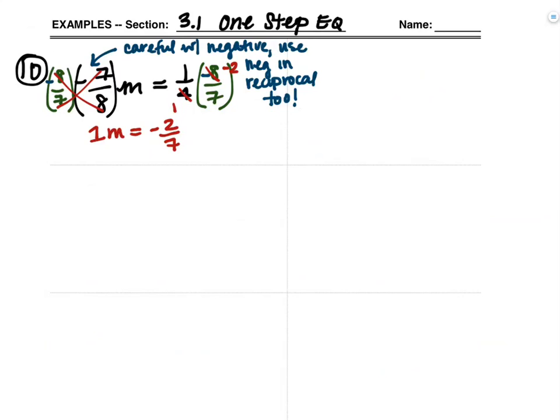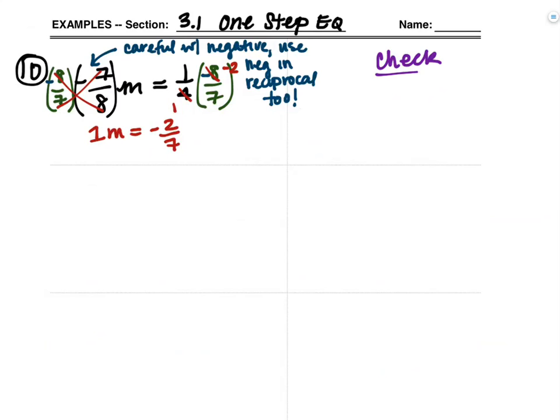So I do get -m, or I get positive m. And that's going to continue when we look at the other side of the equal sign, so when we're over here now. And we take a look at 1/4 and the -8 over 7, and we can cancel the 4 and the -8 to give us a 1 and a negative 2. So our answer for m we think is negative 2 over 7.